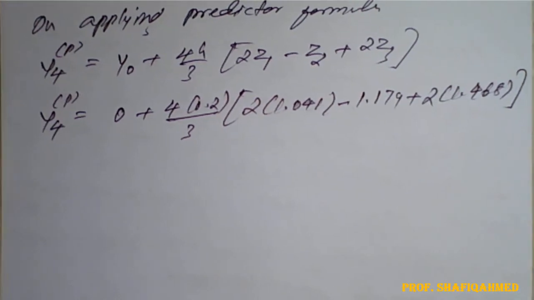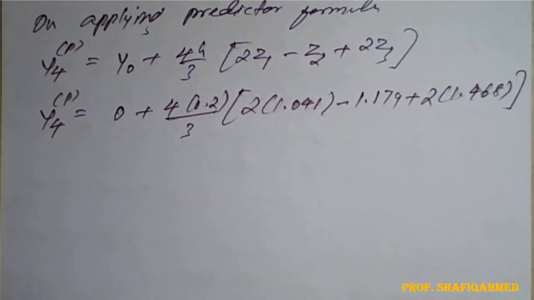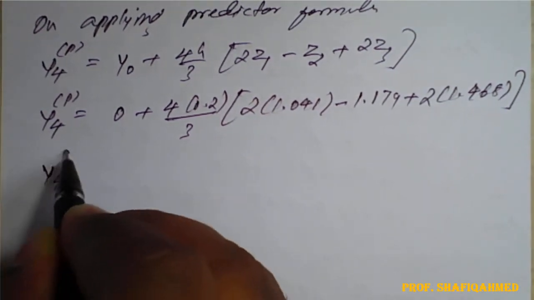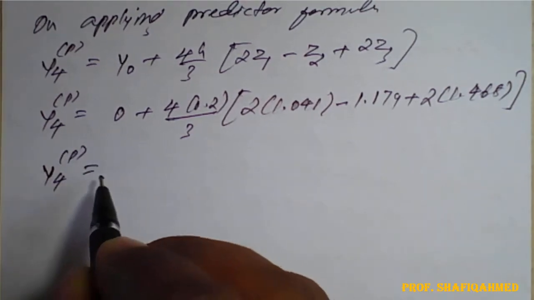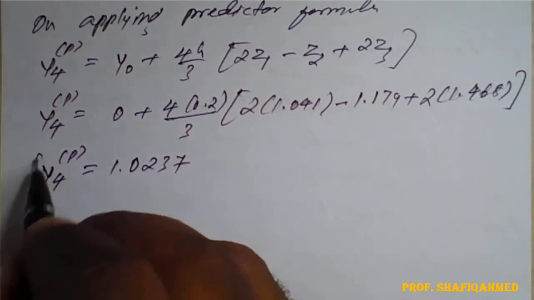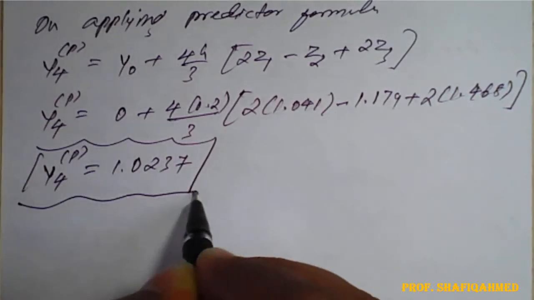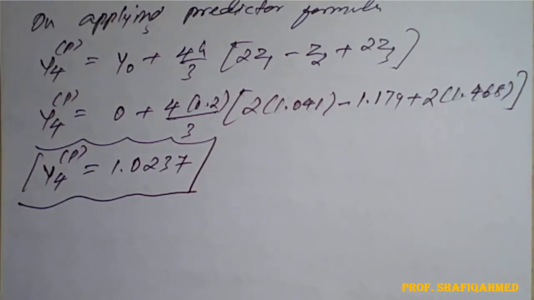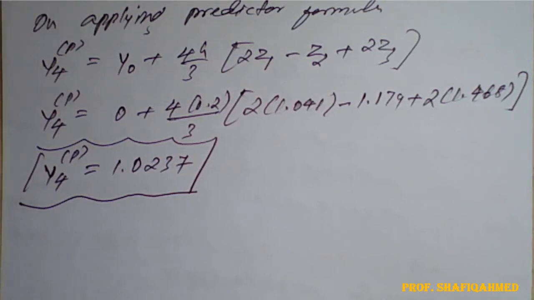So if you calculate these values in the calculator, we'll get y4 of p as 1.0237. So this is a predictor value of y4 of p.